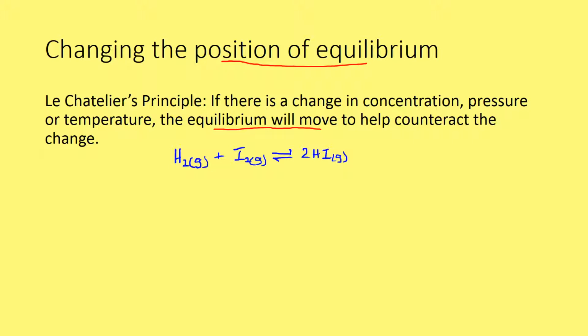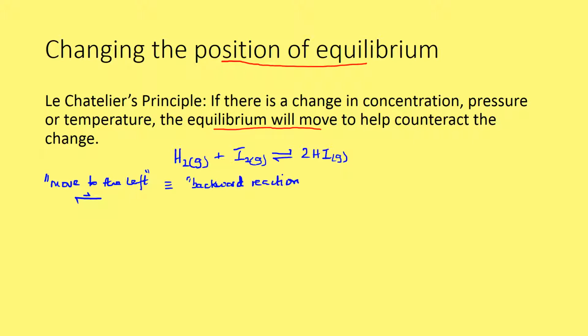So when you hear questions or text talking about the equilibrium position has moved to the left, let's just make sure we're familiar with that term. So the equilibrium position has moved or will move to the left. What that means is that the backward reaction has been favored. Okay, so that's the same as saying backward reaction, i.e. the reaction that's going from right to left.